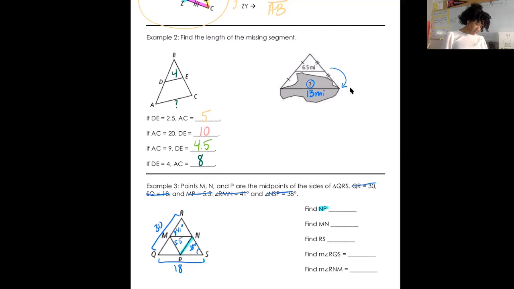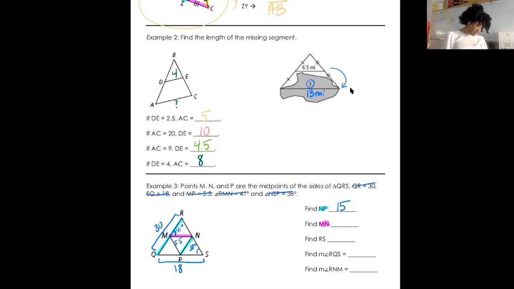NP runs parallel to QR, and we know that QR is 30. So half of 30 is going to be 15. My answer for NP is 15. Next question, find MN. MN runs parallel to QS, or SQ as they call it.